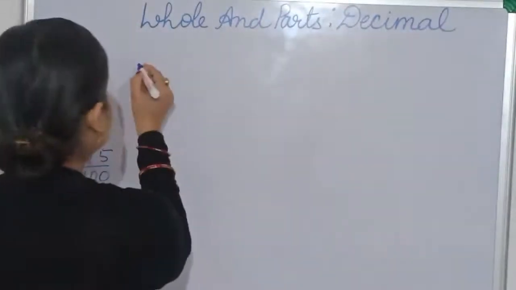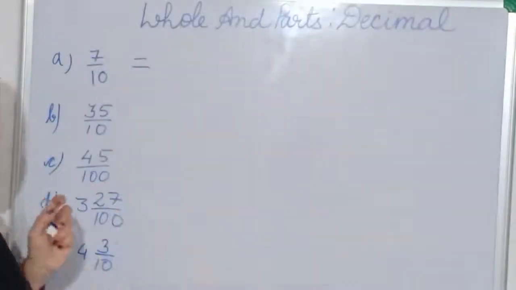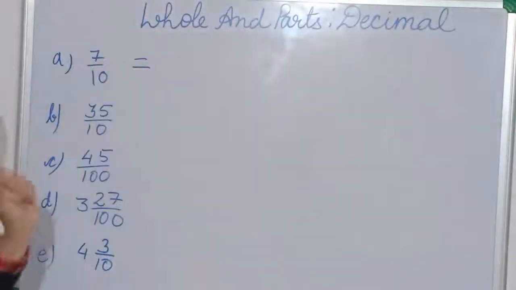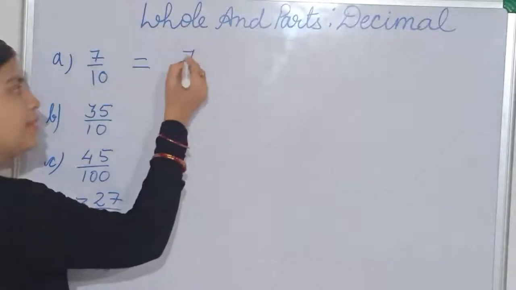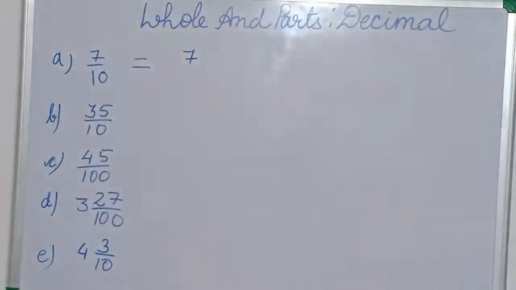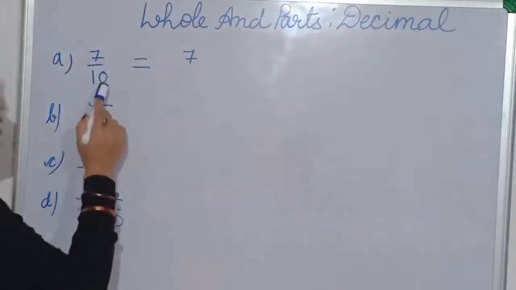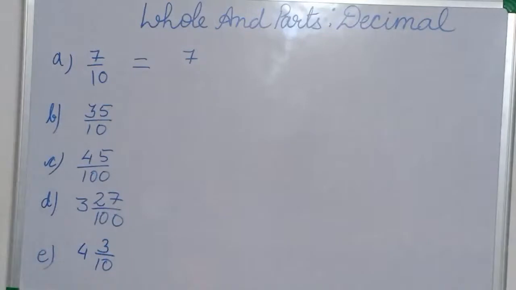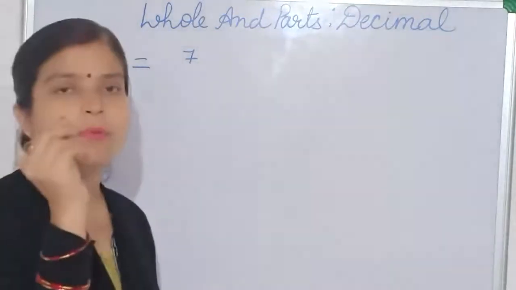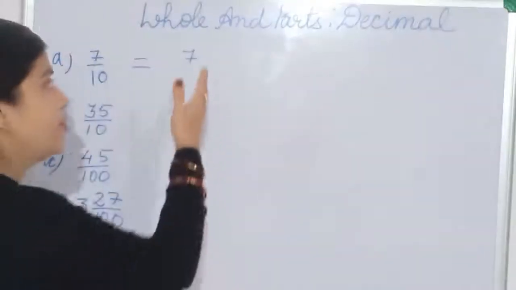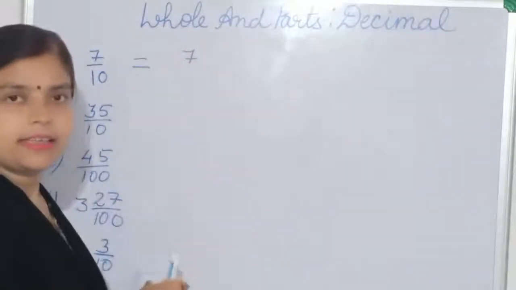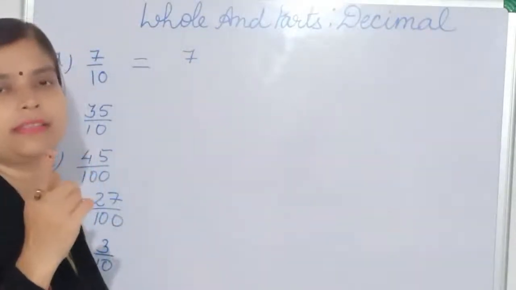So what is the rule to convert into decimal? First we write the numerator. Okay, I have written the numerator here, leaving the denominator. Then we will count the zeros. How many zeros are there in the denominator? There is 1 zero. So I have to put the decimal point from the right hand side after one place.